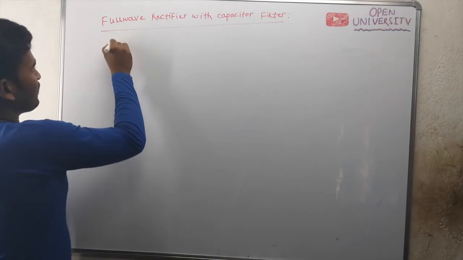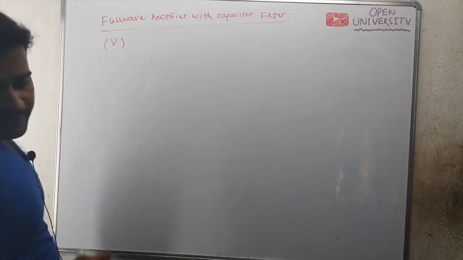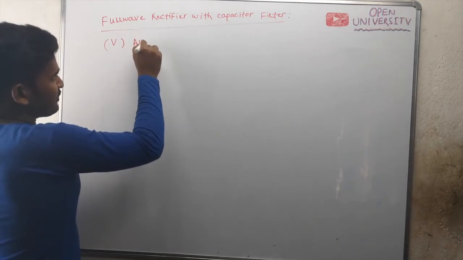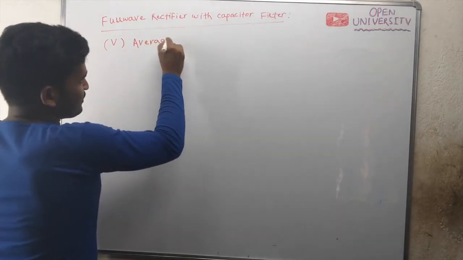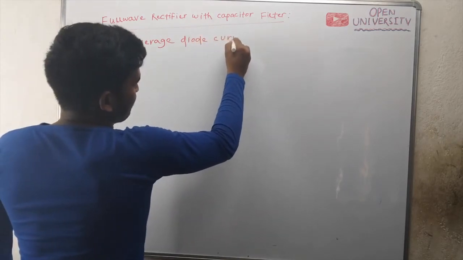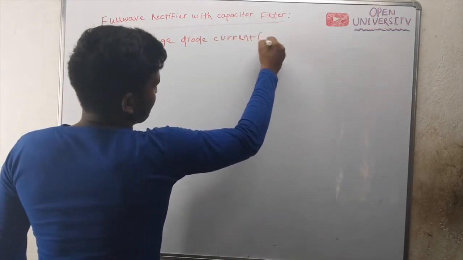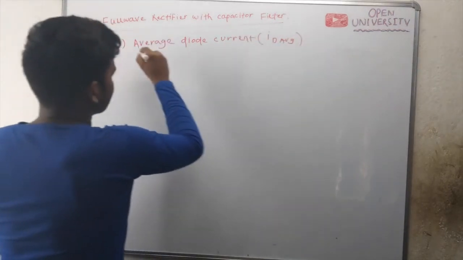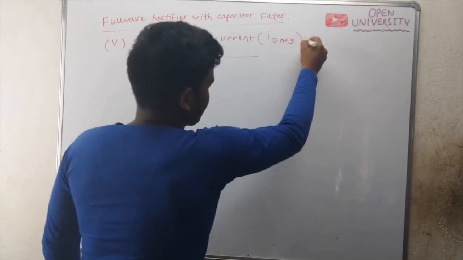Give the next point, that is the fifth point, average diode current. I am denoting it with ID average.